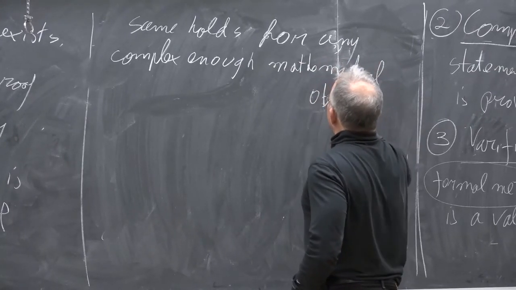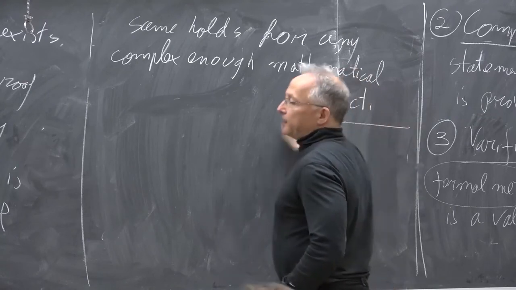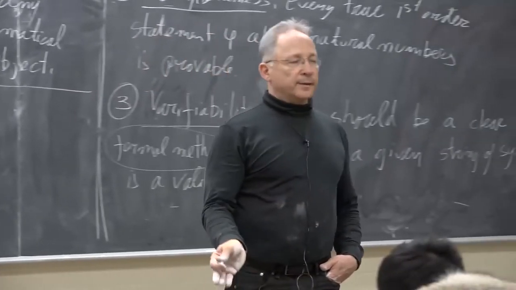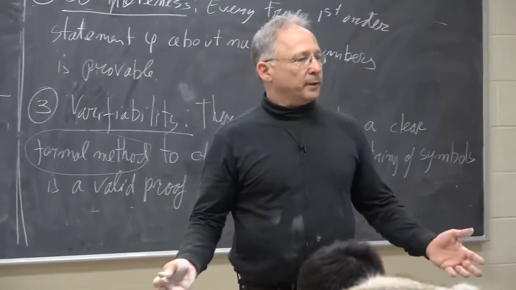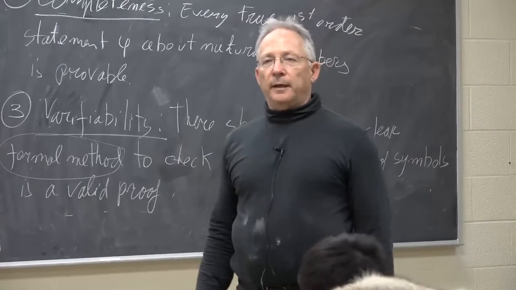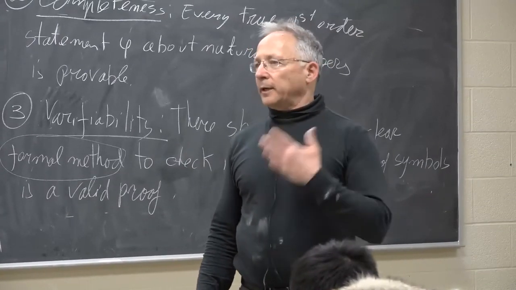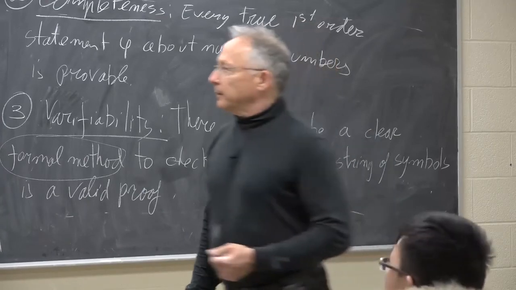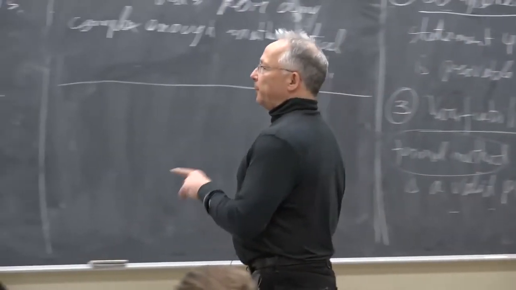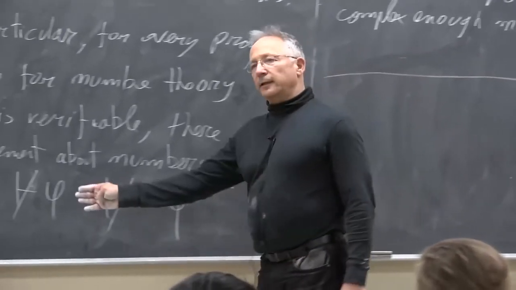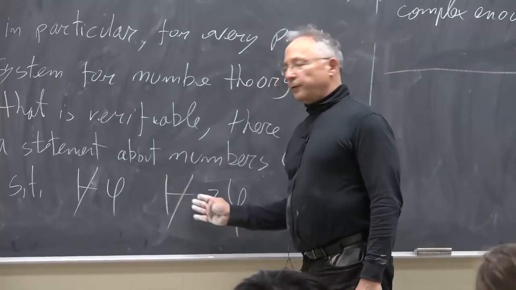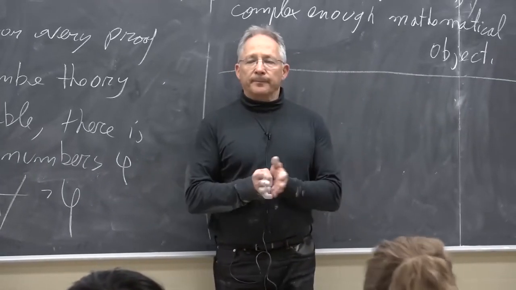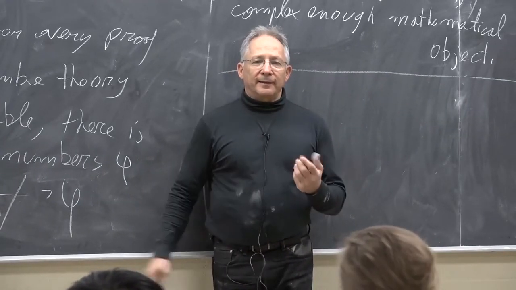So the natural numbers are just the simplest one, but we can have the same statement about real numbers, about complex numbers, about algebra, about any rich enough mathematical object. No matter what axiom system you come up with, there are going to be statements that you cannot prove and cannot disprove. And now, this is a big revolution in mathematics because, I mean, just think of it.